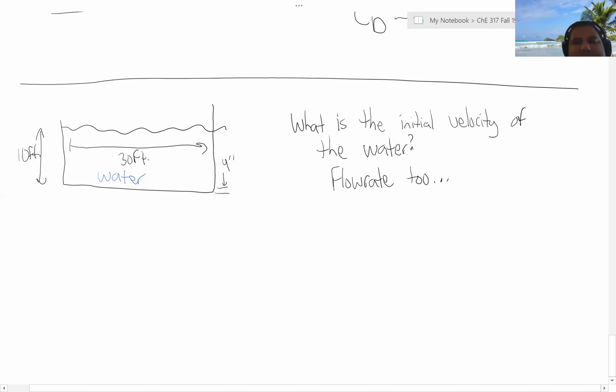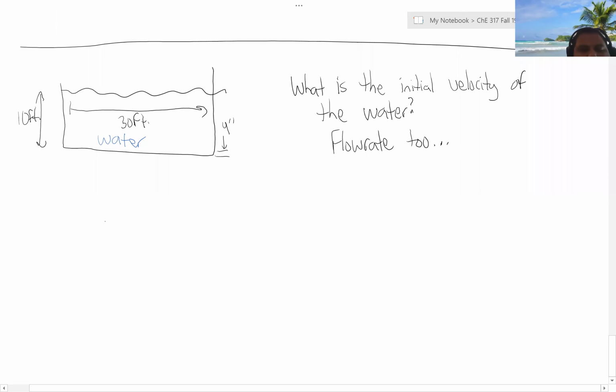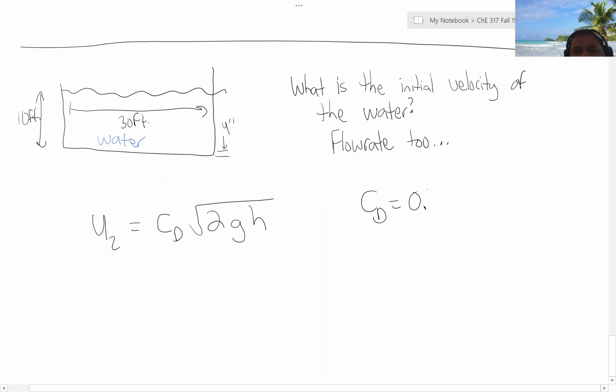So we'll just look at volumetric flow rate. So based on the expression we developed, U2 is equal to the discharge coefficient times the square root of 2 times gravity times height. Discharge coefficient is 0.7. Gravity is the same, I hope. And height is simply 10 feet.